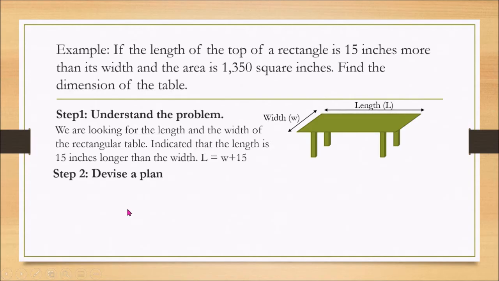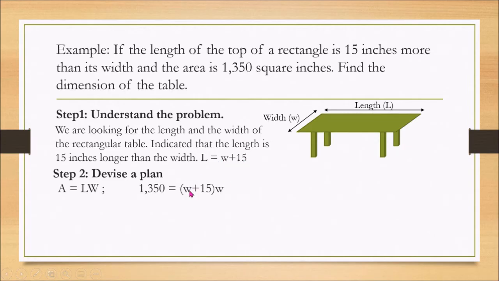Devise a plan. In devising a plan, we're going to make a formula or formulas. Actually, this is already a formula, a sort of given, but we can also use it as your translation. This is our formula. Then we substitute the area, 1,350 square inches. We multiply length times width, but we replace the length with width plus 15.